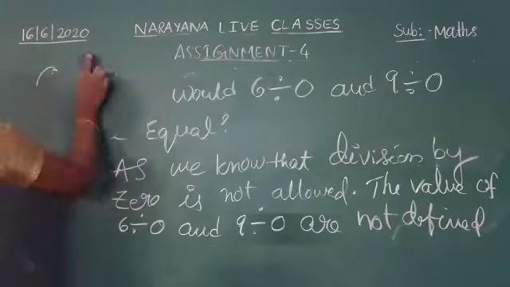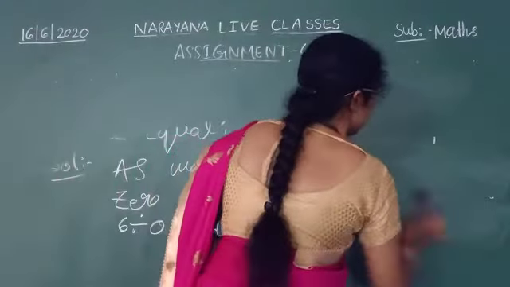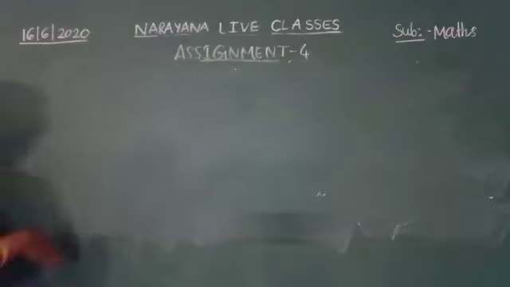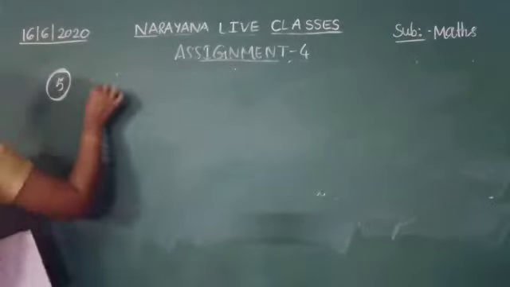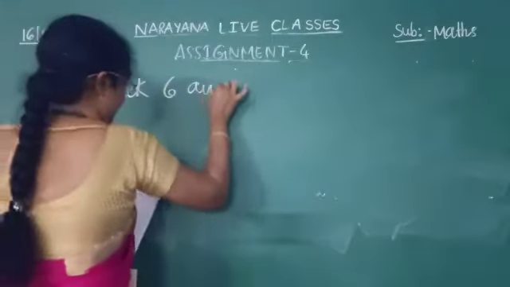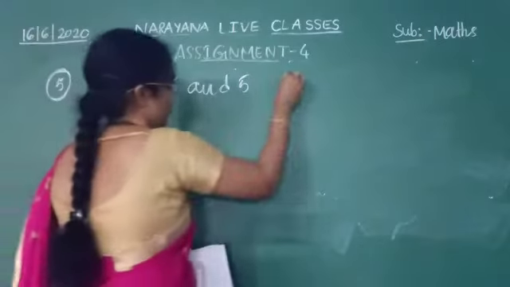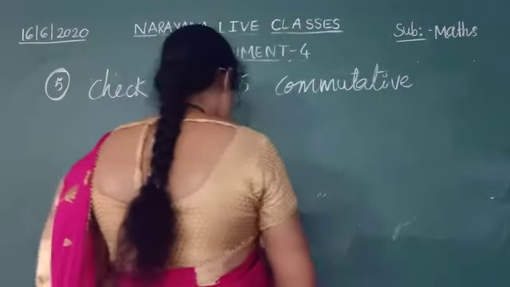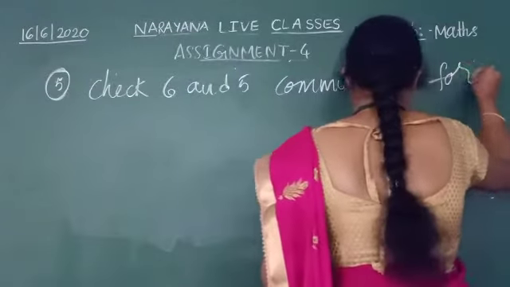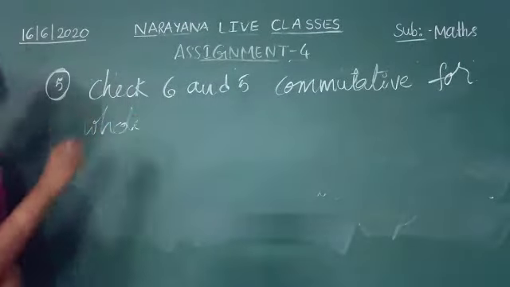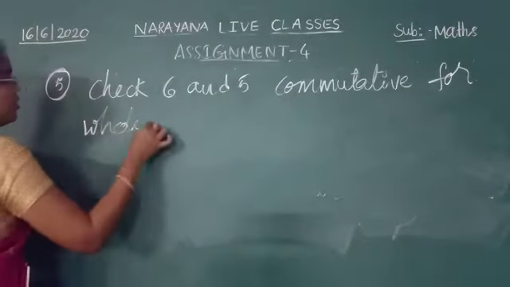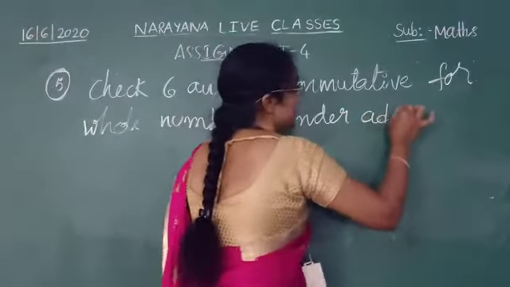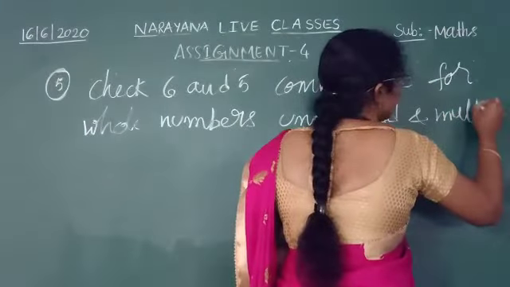Next, the last question, the fifth question, is: check 6 and 5 commutative for whole numbers under addition and multiplication.